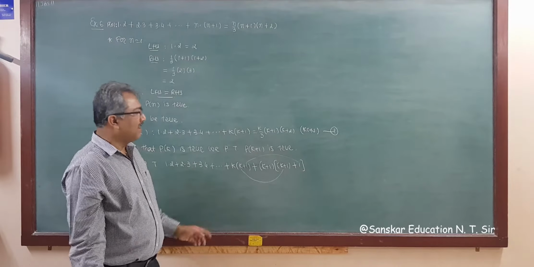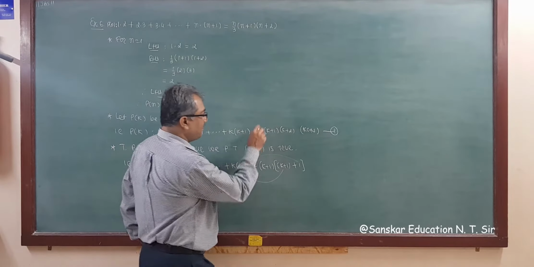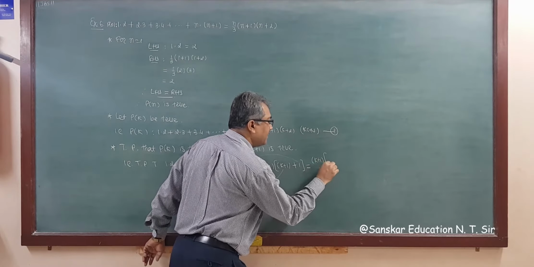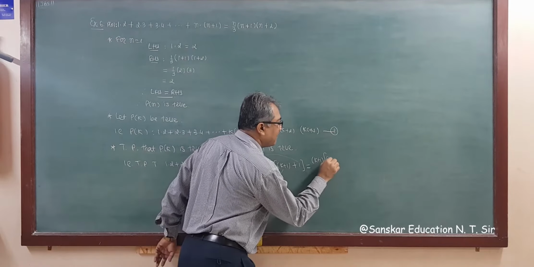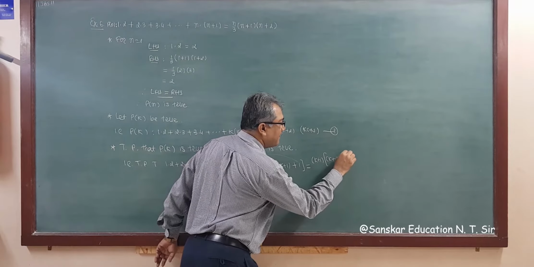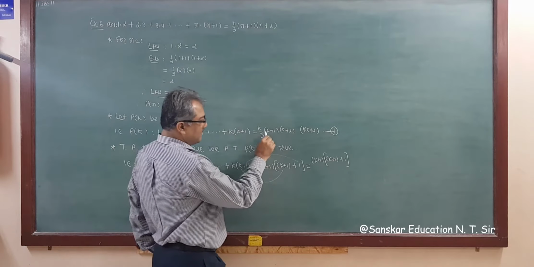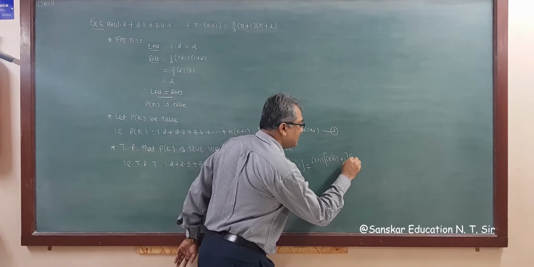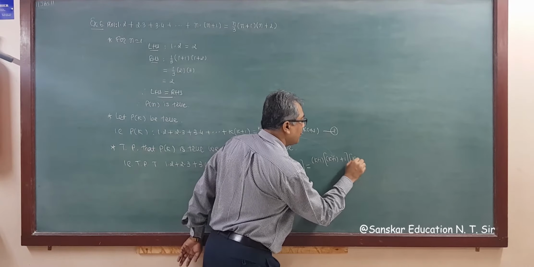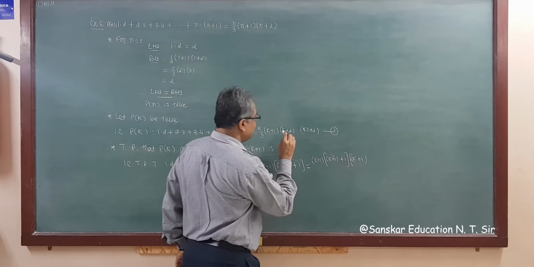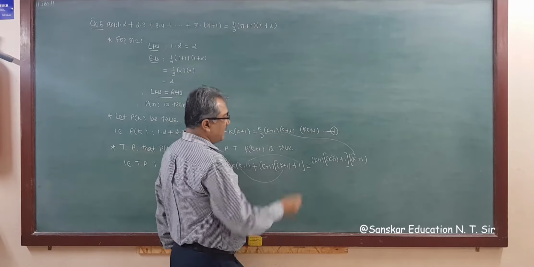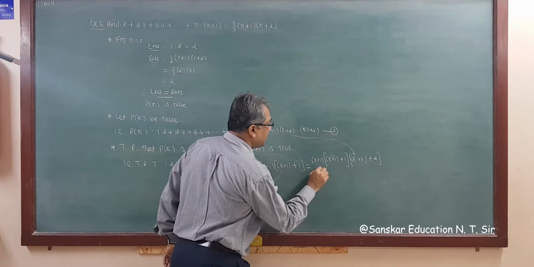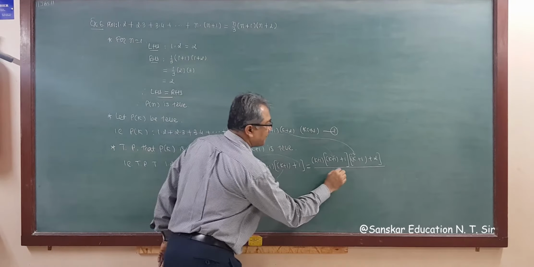Now similarly here, replace k by k plus 1. So this is (k plus 1), another bracket, this k by k plus 1 plus 1. We replace this k by k plus 1, again this k by k plus 1, and plus 2 as it is, so plus 2, divided by 3.